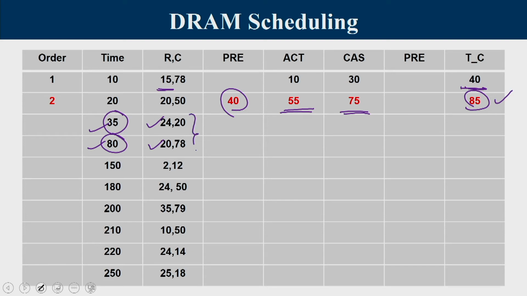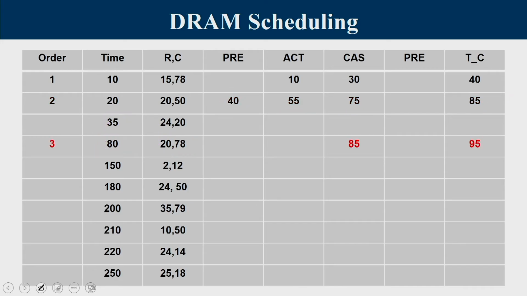So these are the two elements from which I will pick one. The first one, even though it reached first, is to a different row. The second one is to the same row. As per our policy, whenever we are able to service a request that is to the same row, we have to do it first. That is called FRFCFS. So now, rather than the third one, the fourth one gets scheduled first.